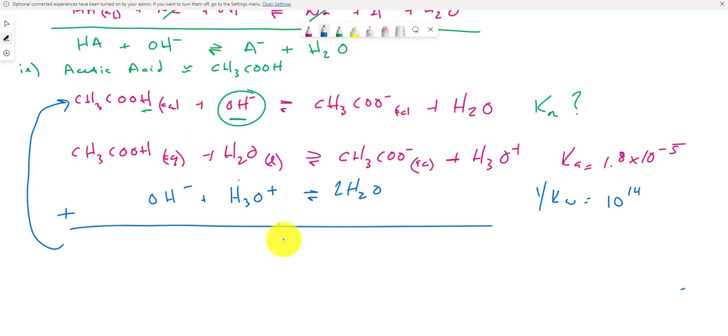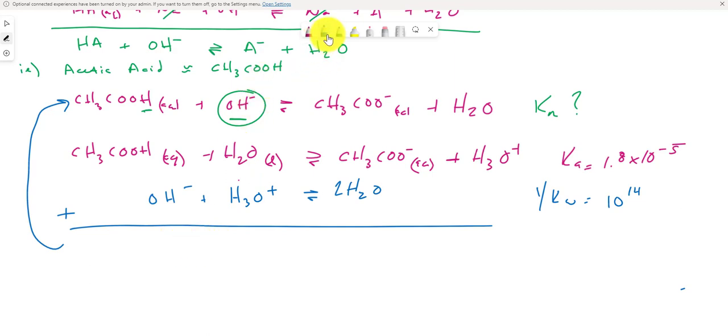So if we were to look at this and add it up, we would get the reaction that's the neutralization reaction. But notice that I wrote this dissociation of water reaction in reverse, and also note that I wrote it explicitly with water. So I could have written this out as just H2O makes H plus and OH minus, but in that case I would have had to write this first reaction without the water explicitly there, and this would work out the same way.